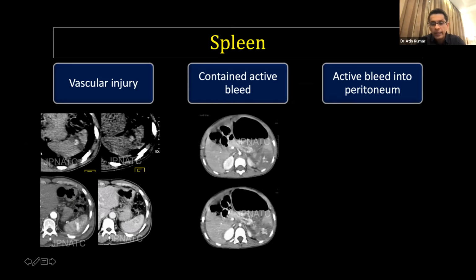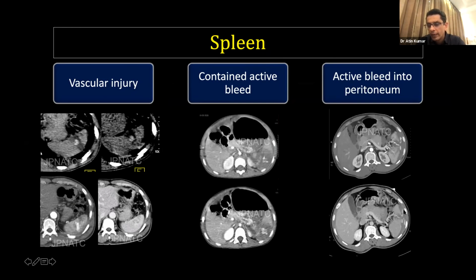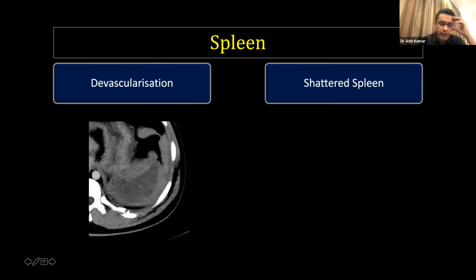Coming to active bleed, I've shown you examples earlier. This is a contrast density leaking outside, and on a delayed phase, this diffuses. If it is localized to the spleen parenchyma, again, this is grade 4. But if it is going out into the peritoneum, you need to identify, because it then changes the grade. Lastly, devascularization.